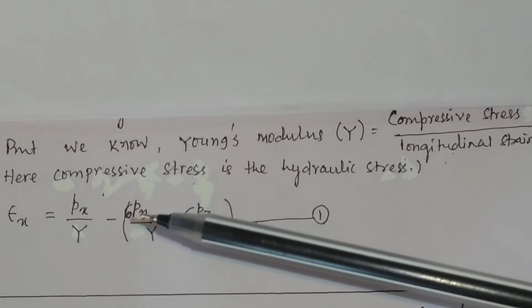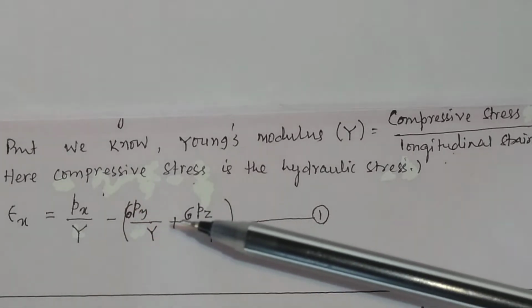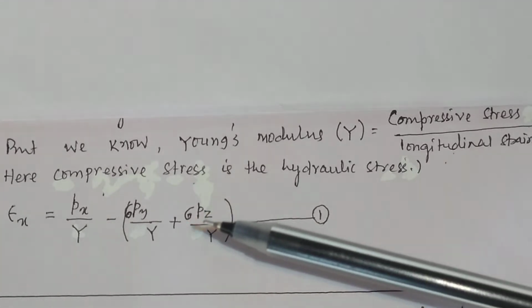So here the compressive stress along y will be equal to sigma into Py divided by Y, and along z it will be equal to sigma into Pz divided by Y.